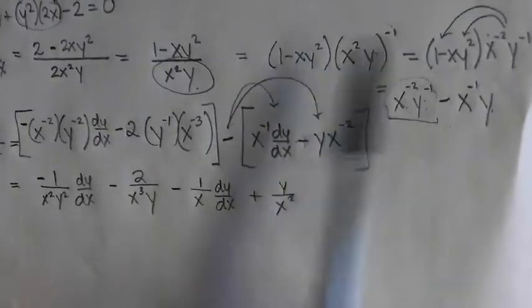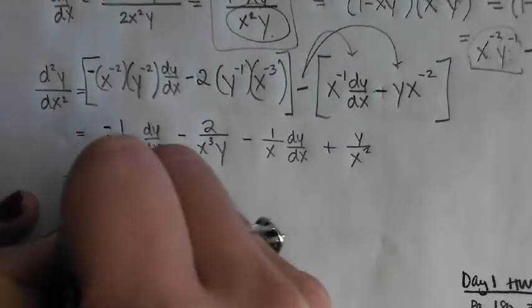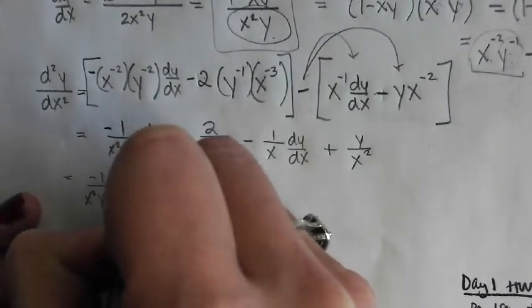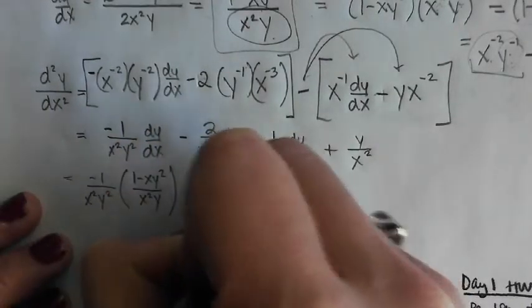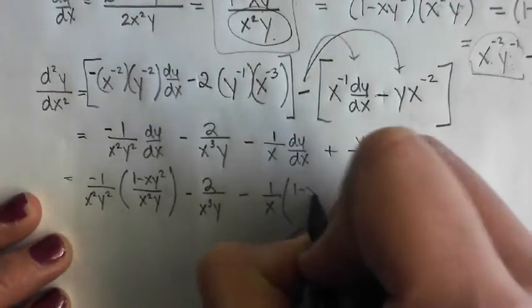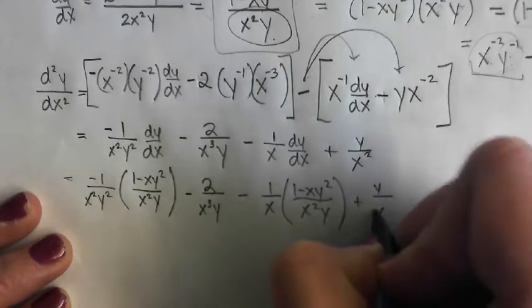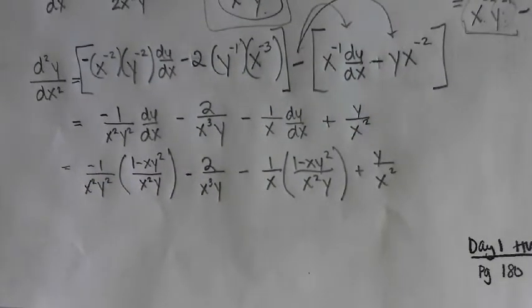I just work to kind of get rid of all of that. So I'm going to go with this one. So negative 1 over x squared y squared. Don't worry about anything other than plugging in right now. I didn't do anything other than replace the dy dx's right there.